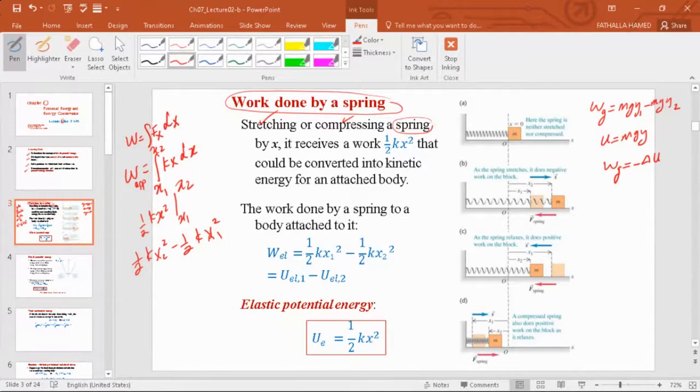That was the work done on the spring. And if you want to look at the work done by the spring, it should be the opposite of that. And that's what we have here.